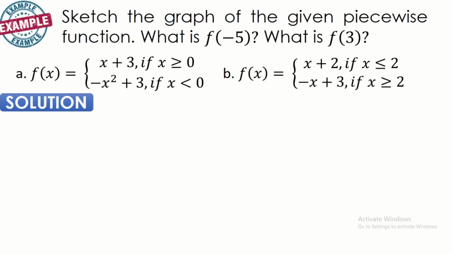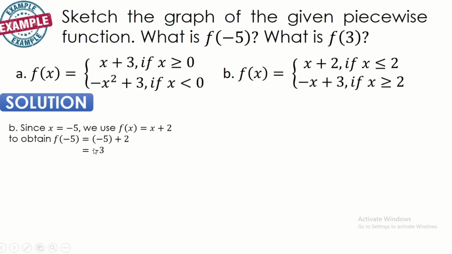Okay, for letter B, f of x is equal to x plus 2 if your x is less than or equal to 2, negative x plus 3 if your x is greater than or equal to 2. Okay.